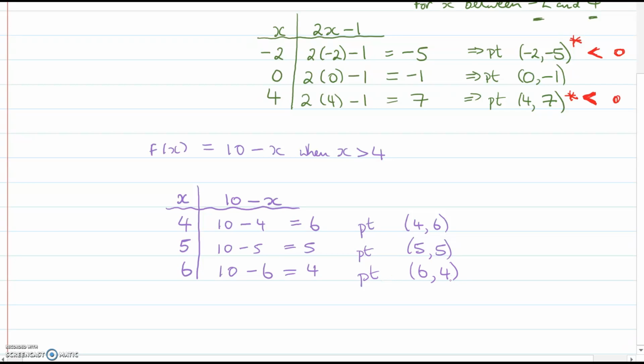Okay. But again, one other thing to keep in mind here is to look at the inequality. And the inequality was just greater than. It didn't have an equal sign, it was just greater than.